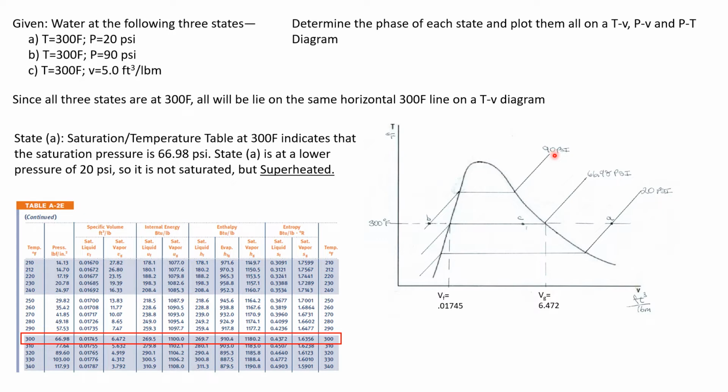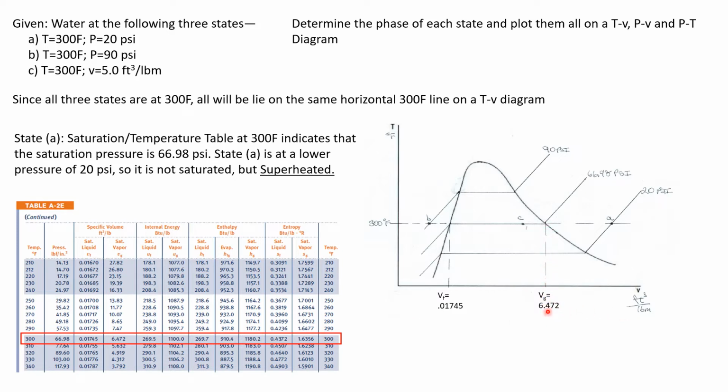So where do these states lie? Well, for this saturated mixture state at 66.98 psi, we can look up the specific volume in the table here. It's given as 0.01745. And the value of the saturated vapor specific volume is given as 6.472.